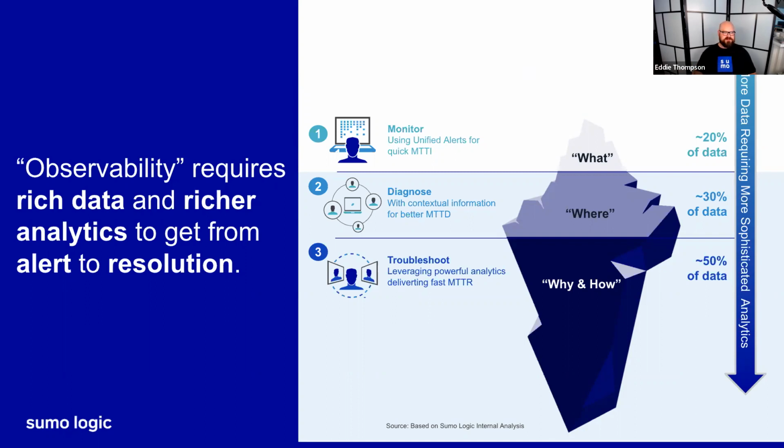And for true observability, it requires rich data to be able to get an inference of a complex, distributed system from its outputs. You need a lot of data. The more data you have, the richness of that data gives you a more complete picture of what's actually going on within that system.